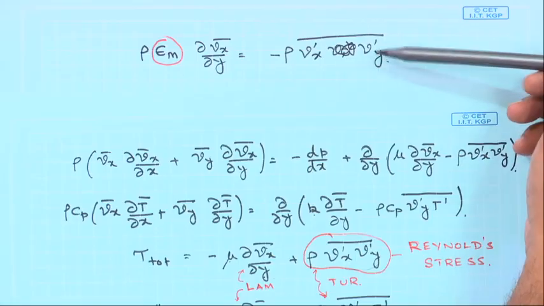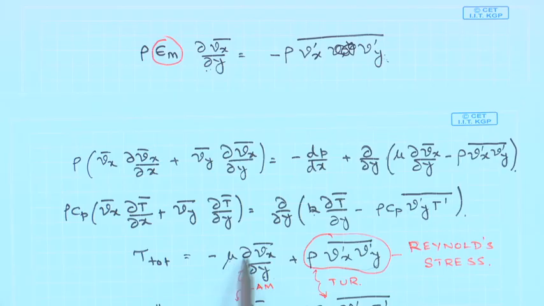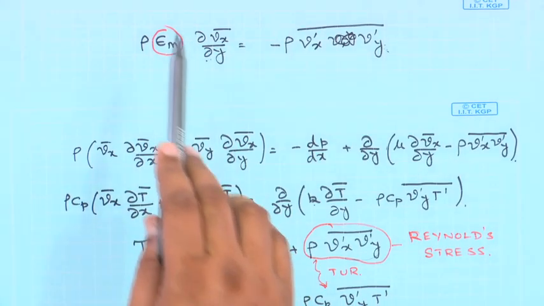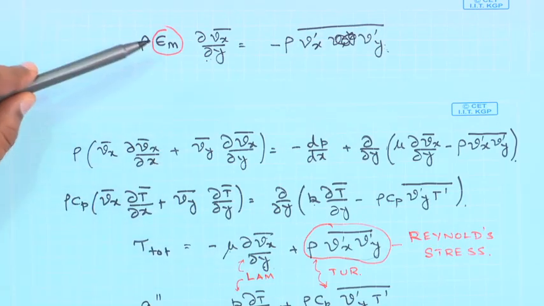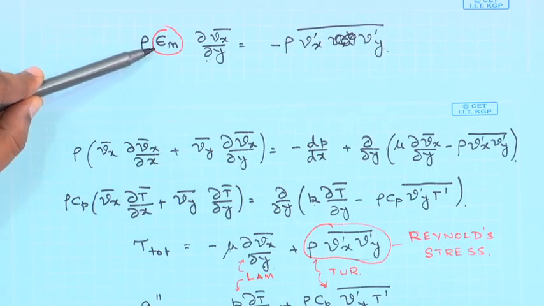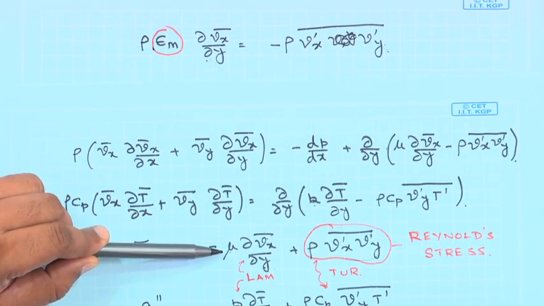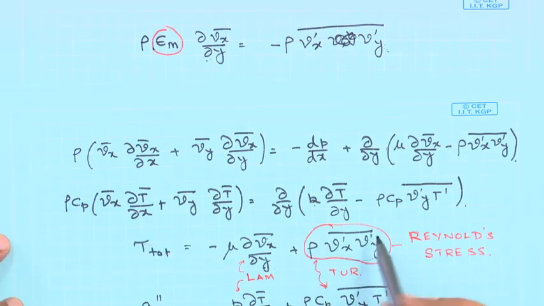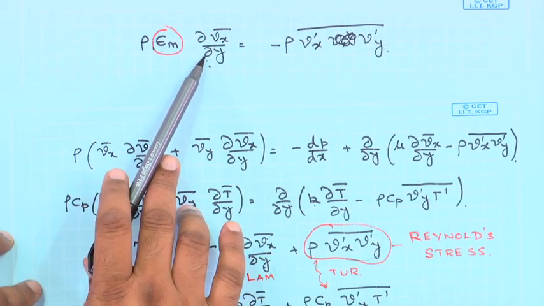So, if I could express this additional term in terms of something that we know, that is mu times dvx dy. What mu does in laminar transport of momentum, this epsilon m, if you look at the similarities between these two equations, plays apparently the same part as that of mu by rho in the case of laminar transport of momentum. So, this entire term is expressed as rho times epsilon m dvx by dy.